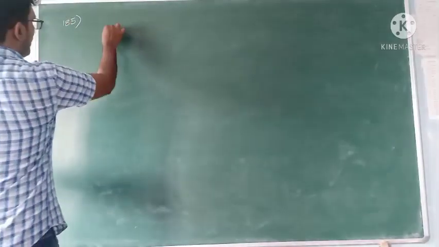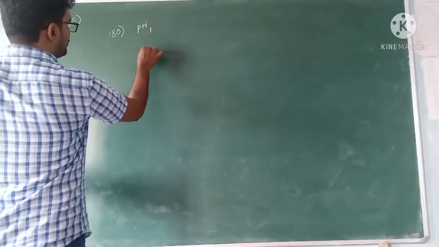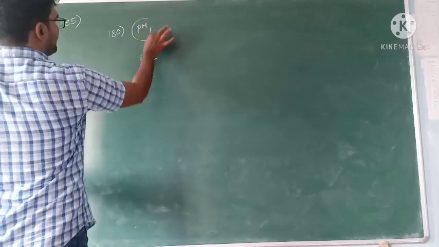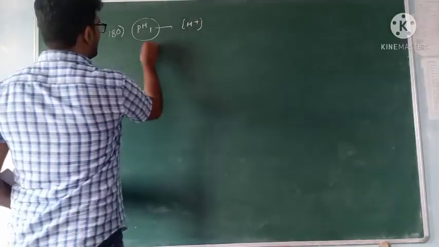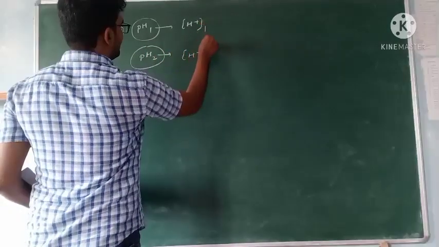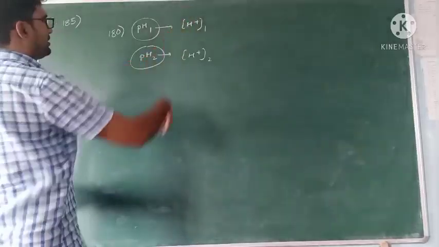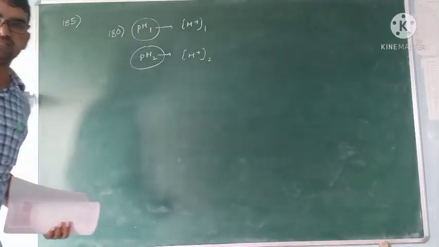So in problem 188, we calculated pH1 and pH2, and pH1 is converted into H plus concentration, and here also pH2 is converted into H plus concentration. Now calculate the difference between these two, and it gives the 185th problem answer, right?